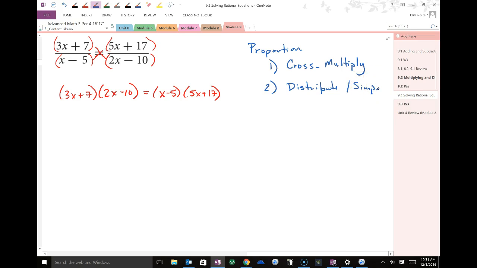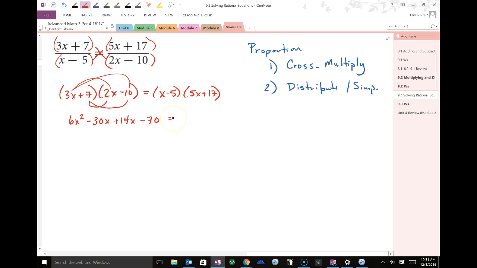So distribute and simplify. Okay, so on the left-hand side, we're going to have 3x times 2x. What's that? 6x squared. And what's 3x times negative 10? And 7 times 2x? 14x. And 7 times negative 10? Negative 70.